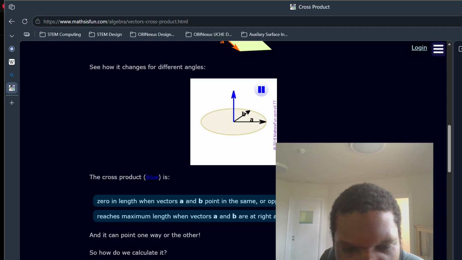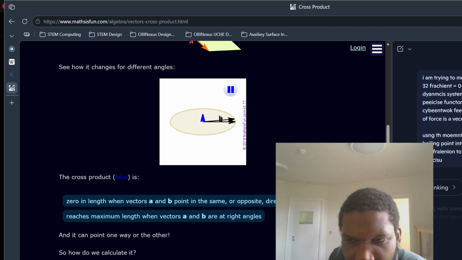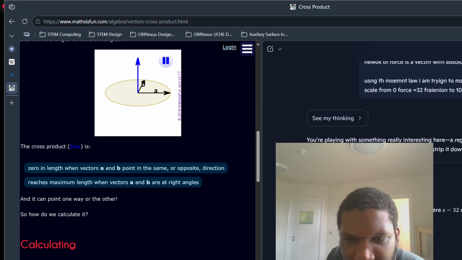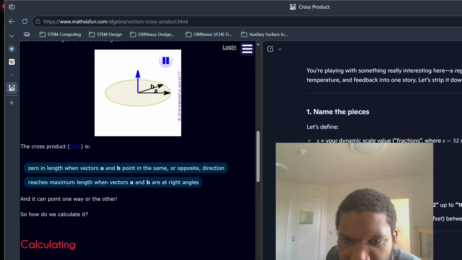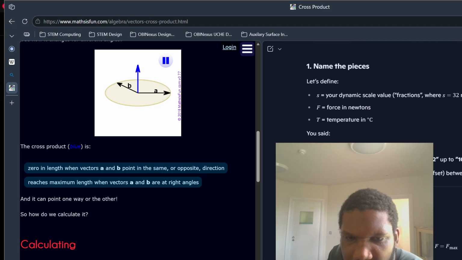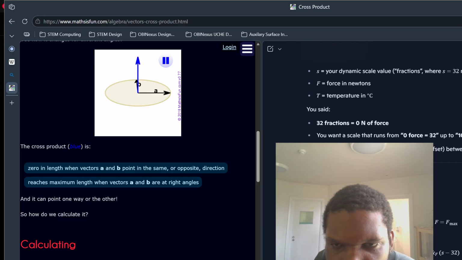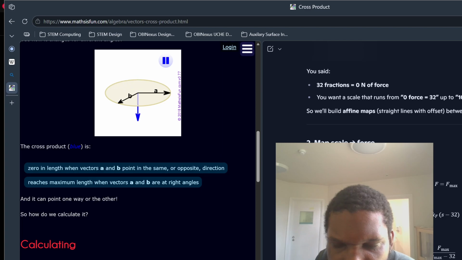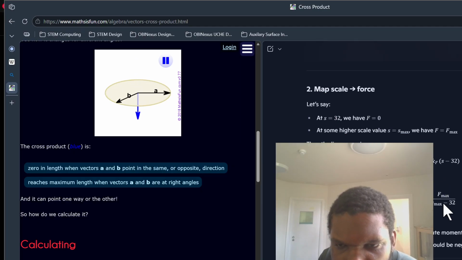Let's see what this is. So let S be a dynamic scale fraction. This is the force. Fahrenheit is Celsius minus 32, the Celsius.